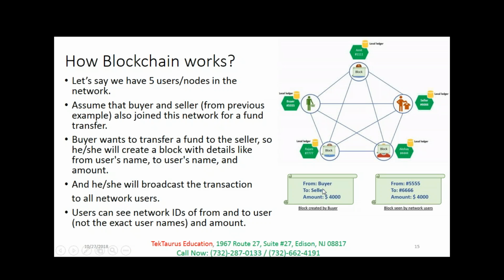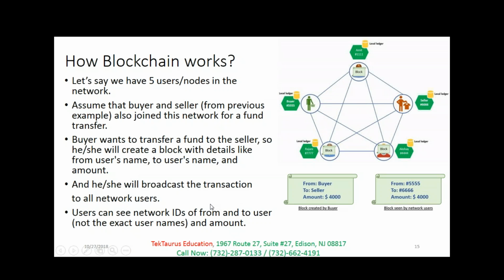Whenever he puts the names and the amount, the name is converted automatically to the ID, or he will put only the ID, not the name. Generally he puts only the ID because he doesn't know the name of the seller. The name is a fake name, called a pseudonym. It is not a real name, it can be any name. Whenever the transaction travels in the network, the name is replaced by the ID, and that transaction, which I am showing on the right side at the bottom, travels through the network from the buyer to the seller. It's like that.